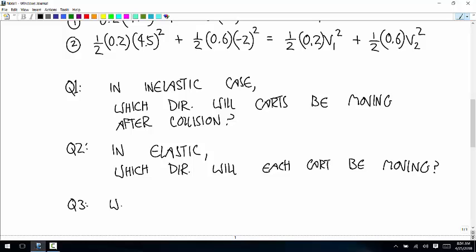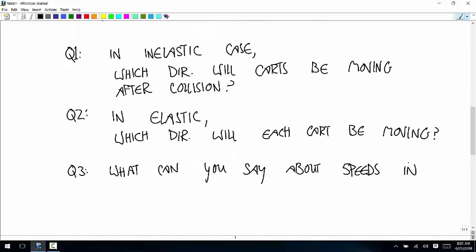And what can you say about the speeds in the two cases compared to each other?